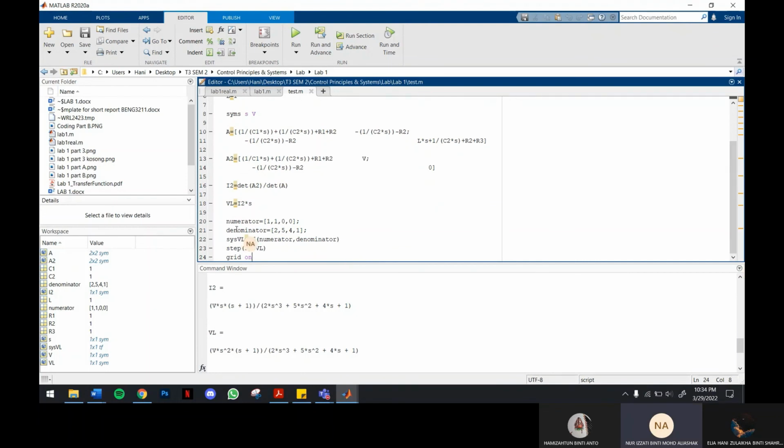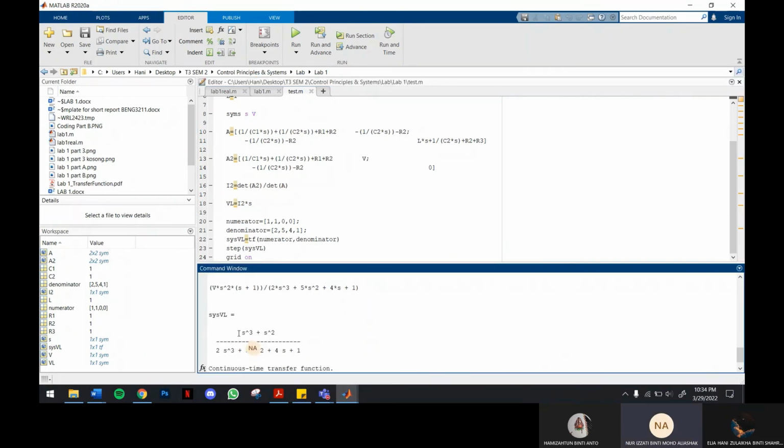After that, we declare the numerator and denominator. Then we generate the transfer function for VL by using the command tf(numerator, denominator). This is the transfer function that we get for VL.